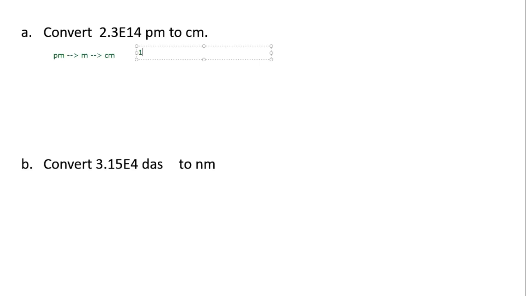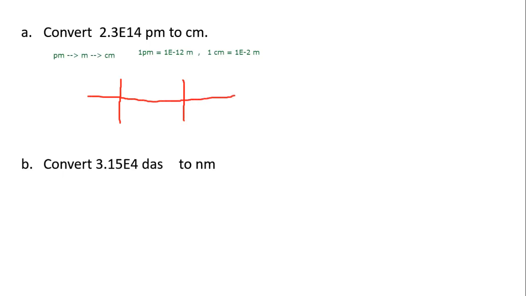So we know that 1 picometer is 10 to the negative 12 meters, and we know that 1 centimeter is 10 to the negative 2 meters. So these are the conversion factors we need to go from picometers to meters. So let me draw what they call train tracks.